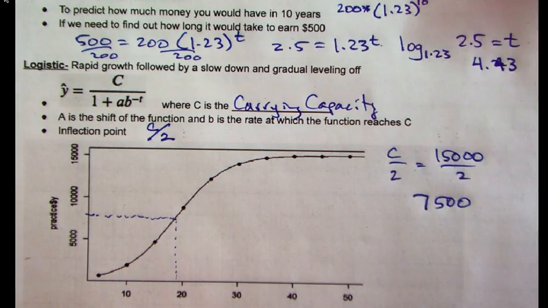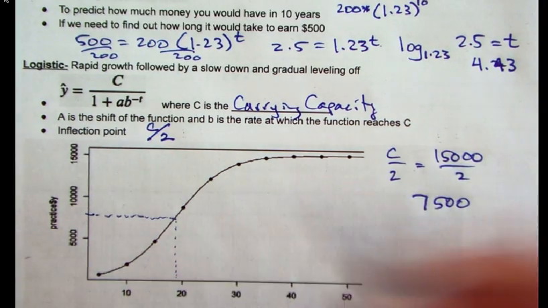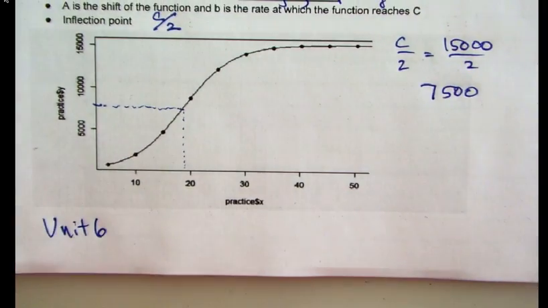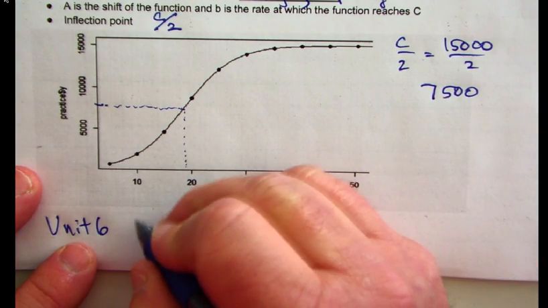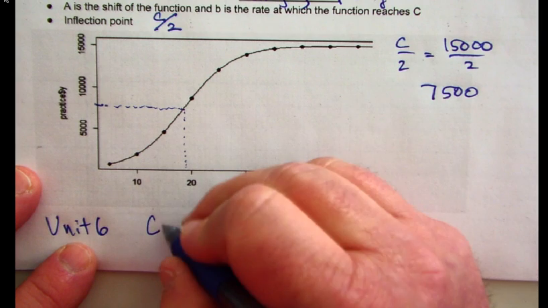So that was a brief review on Units 4, Unit 5. Unit 6 was all of the sampling distributions and basically the central limit theorem. And I guess while I'm at it, I'll just throw that on here.